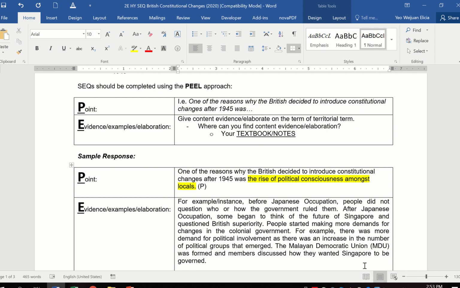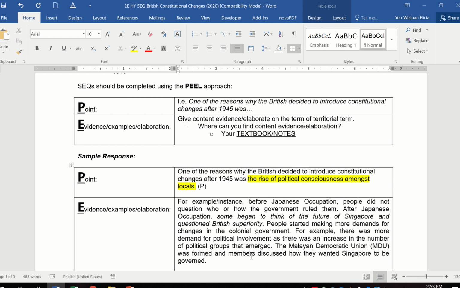So when we talk about the rise of political consciousness, we can say, for example, before the Japanese occupation, people did not question who or how the government ruled them. However, after the Japanese occupation, some began to think of the future of Singapore and question British superiority. So here, this is a good content point to have.